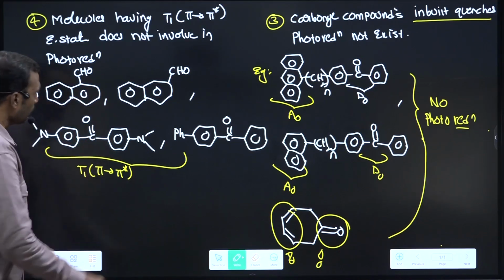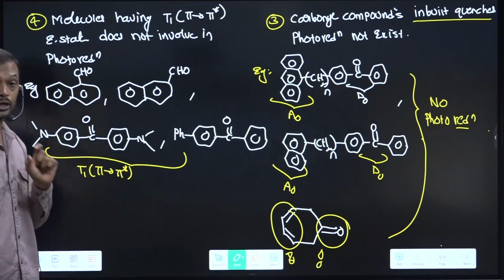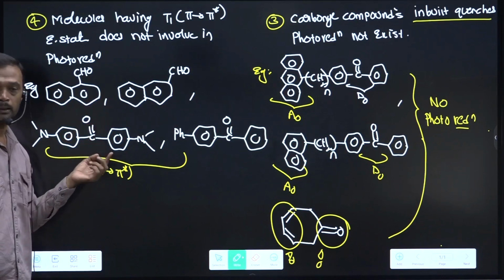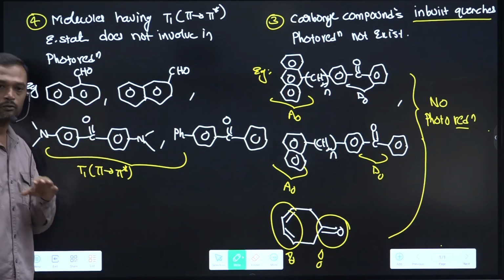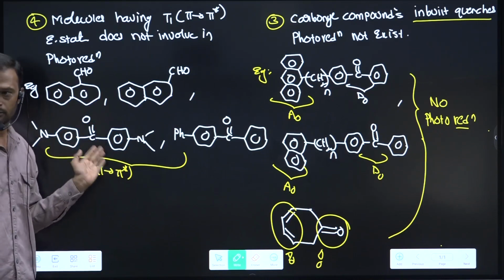Clear? So especially for these molecules, they require a special condition. I still want to reduce. See, actually photoreduction is not possible for this molecule. But I am saying that I still want to do reduction of this molecule. How is it possible? Other methods are there, I will show that method.